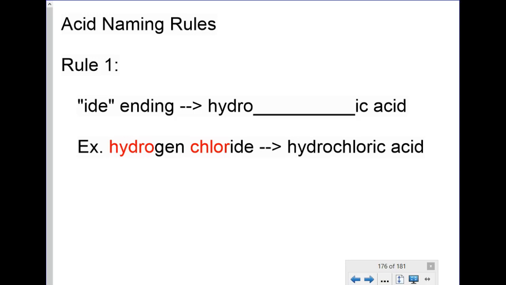When they are pure substances, they tend to act like molecular compounds. However, when you add them to water, they act like ions. We have a different way of naming them because they don't fit completely into the ionic compound category or the molecular compound category.